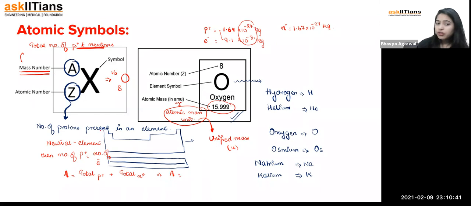Now, the total number of protons is also given by the atomic number, that is Z, plus the number of neutrons, N. By using this equation, I can easily find out the total number of protons, electrons, and neutrons in any given system. Right? Make sense?